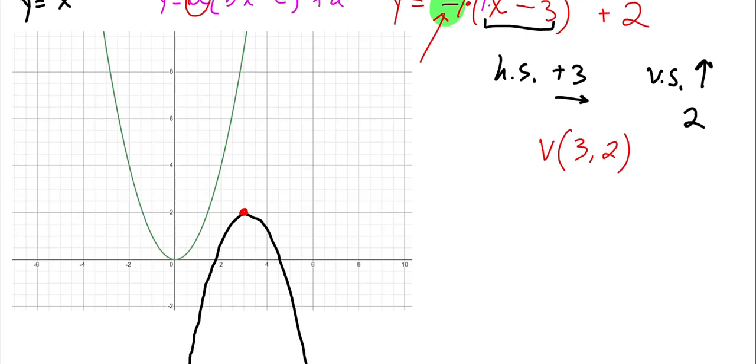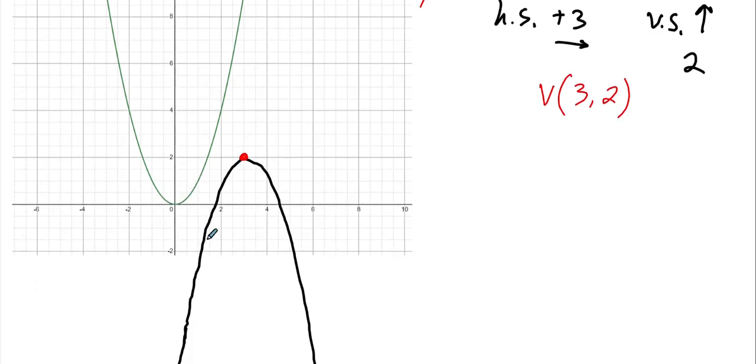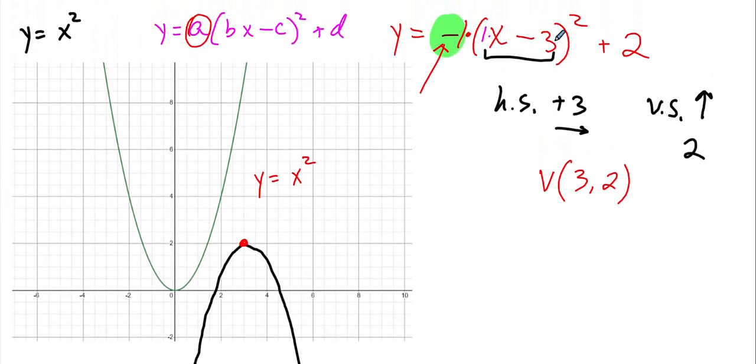So even though this parabola, or quadratic, started off as a basic y equals x squared, I translated side to side by changing the inside of the function, and on the outside of the function, corresponding to whether it's a horizontal or vertical shift. But I also reflected it with that minus sign in front.